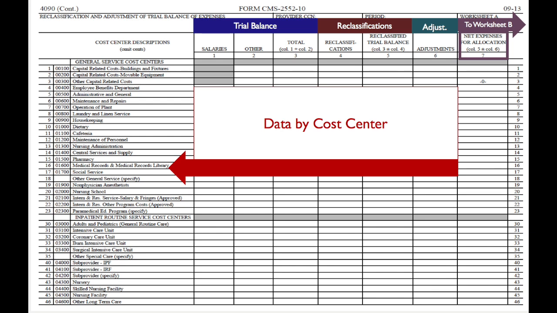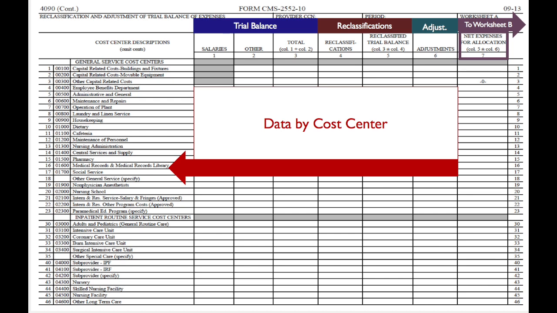You may have one cost that is living somewhere under the trial balance that cannot be living there when it's reported to Medicare. So for example, we may have some cost in housekeeping that really need to be moved to laundry and linen service. So that would be an example of reclassifying a cost.